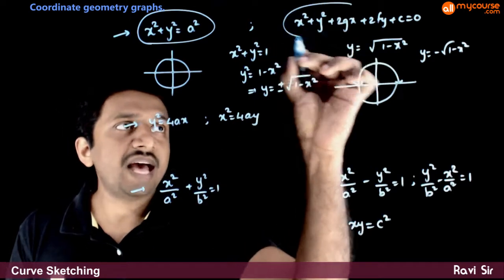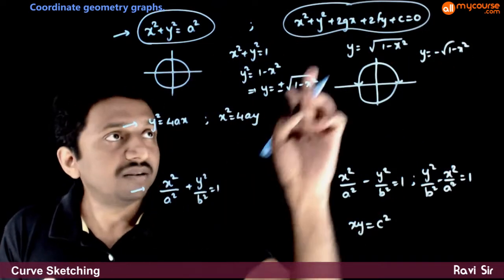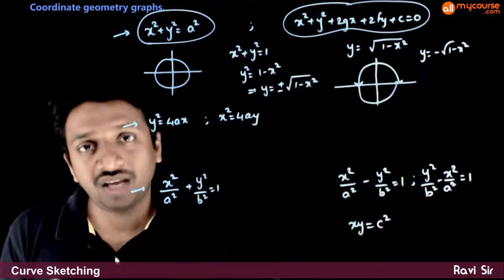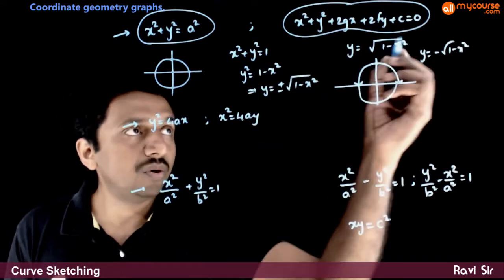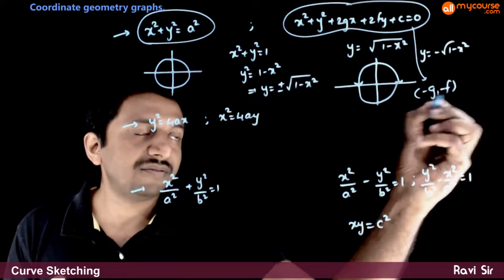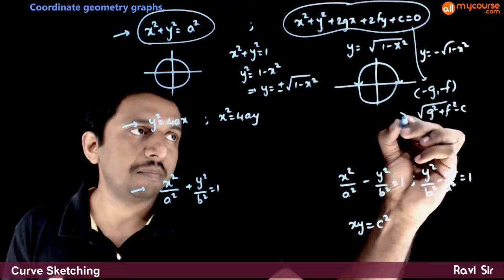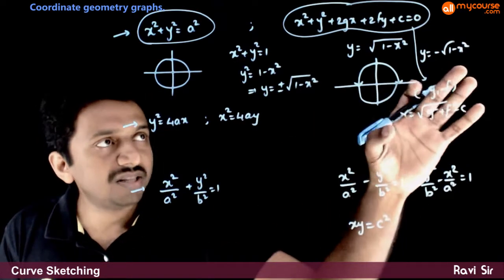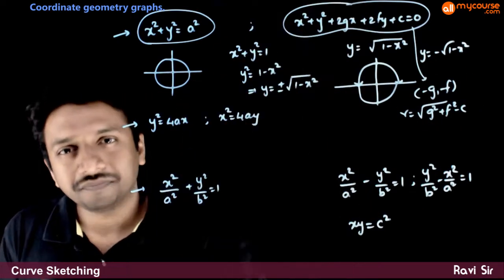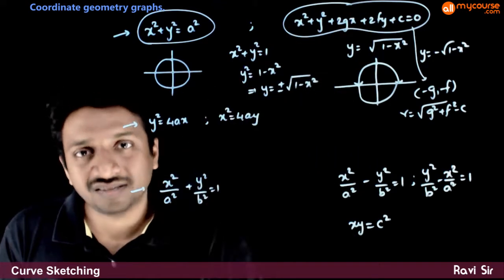And you have a general circle x square plus y square plus 2gx plus 2fy plus c equal to 0. So we know the properties of this circle. The center is minus g comma minus f and the radius is root of g square plus f square minus c. So using these two properties, you can find the graph of this circle.